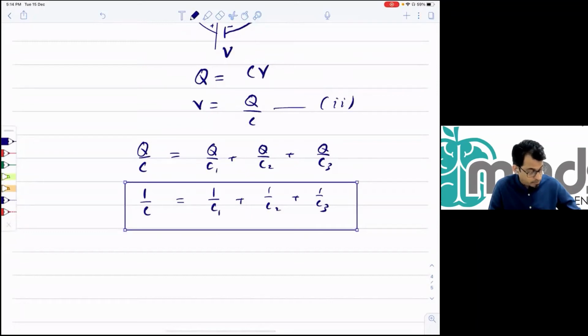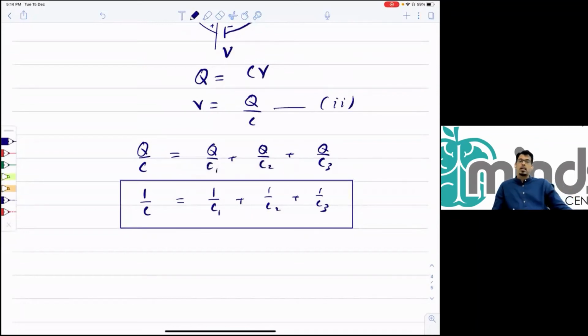What we can say, when capacitors are connected in series, the reciprocal of equivalent capacitance is equal to sum of reciprocals of individual capacitances. How many of you are actually getting it? And I hope you remember the concept of this reciprocal thing.